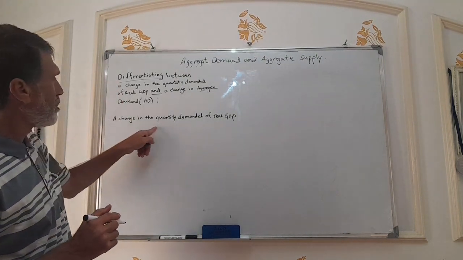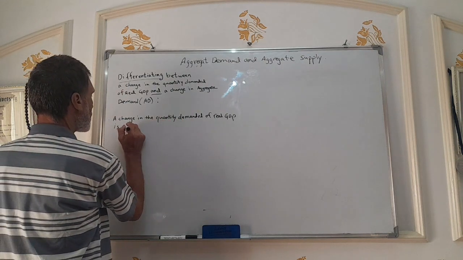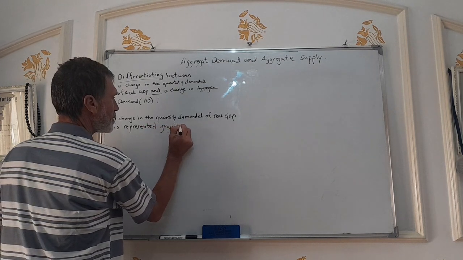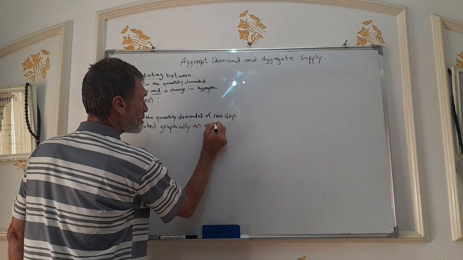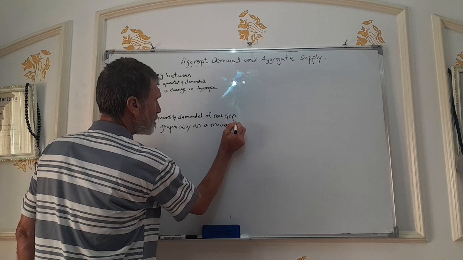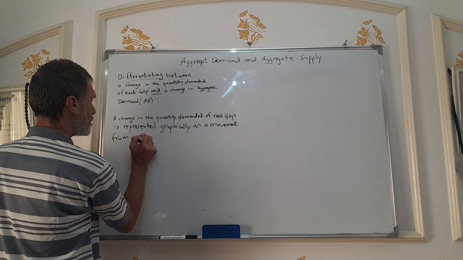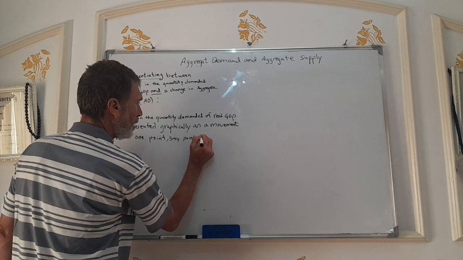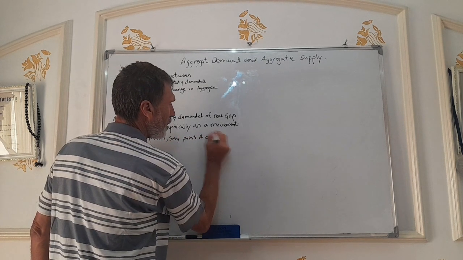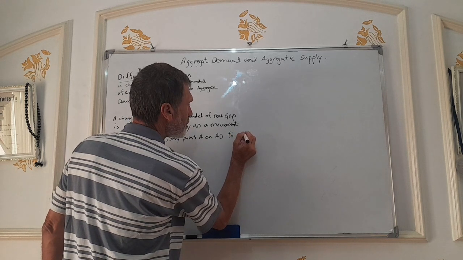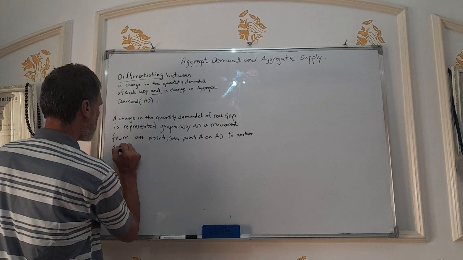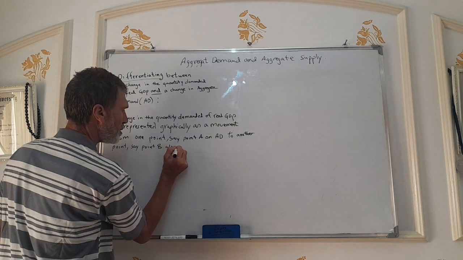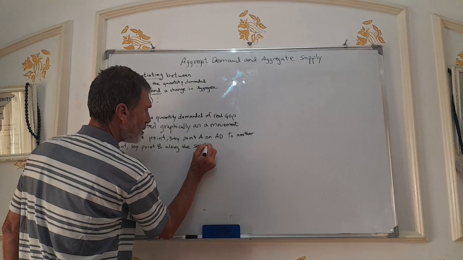So a change in the quantity demanded of GDP is represented graphically as a movement from one point, say point A, to another point, say point B, along the same aggregate demand.